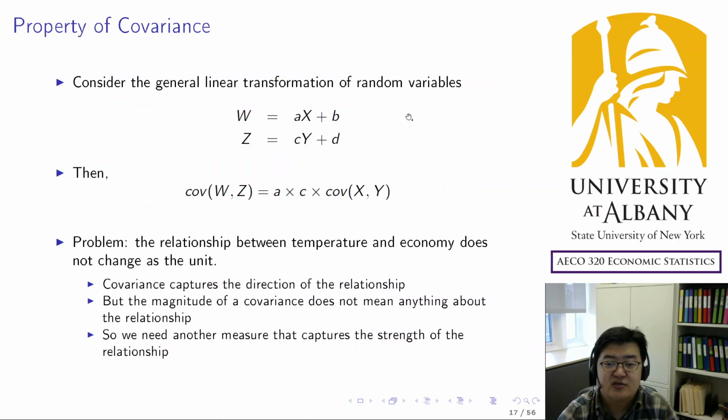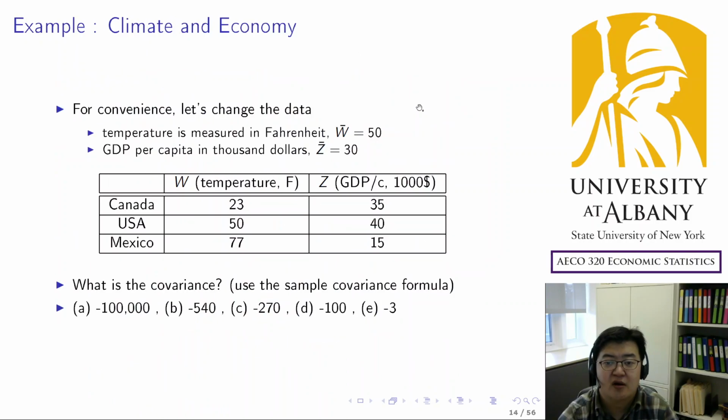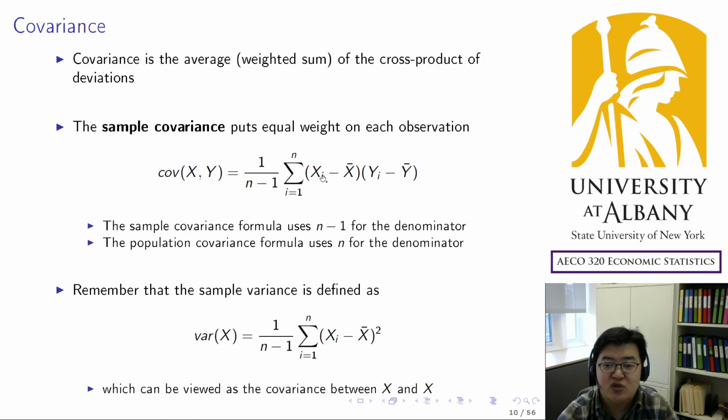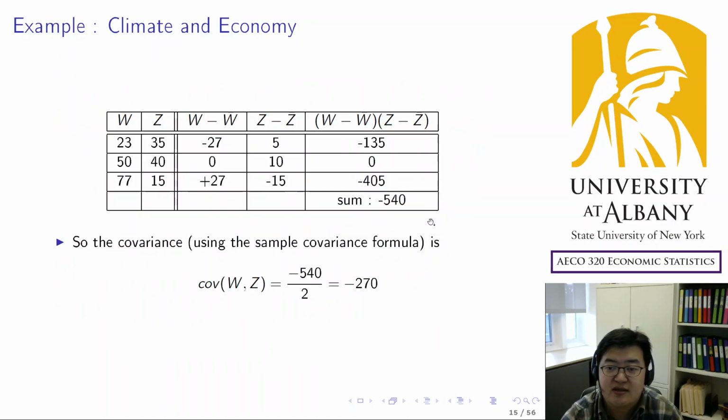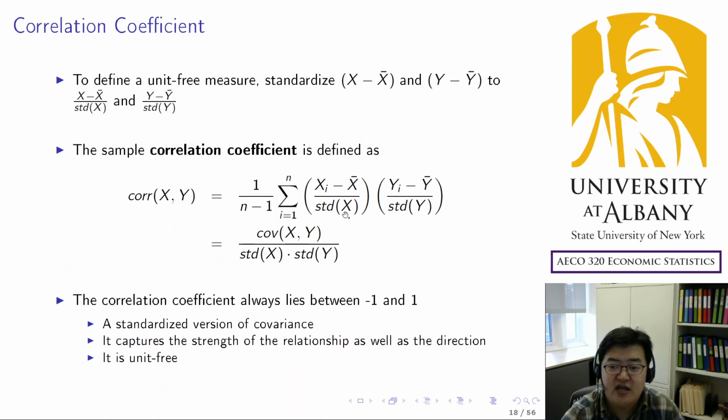Here, we use those deviations, but replace the deviations with their standardized versions. That's the idea. Then as you see, exactly this part has changed, and the new thing is the standard deviation.